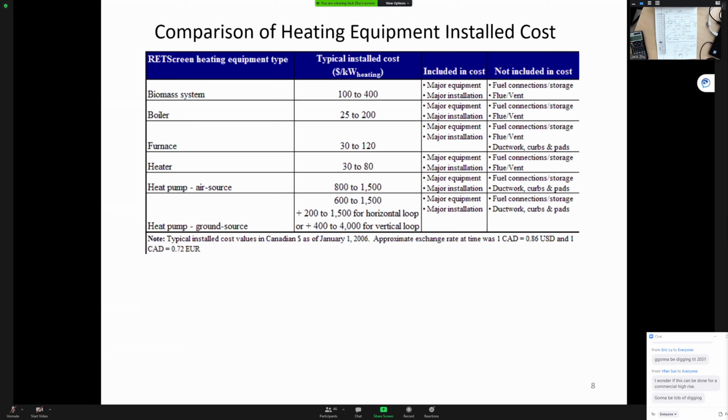The vertical drilling usually required, sometimes they drill the hole more than 100 meters down, and depending on whether you have lots of rocks down there, the drilling cost will be pretty high.